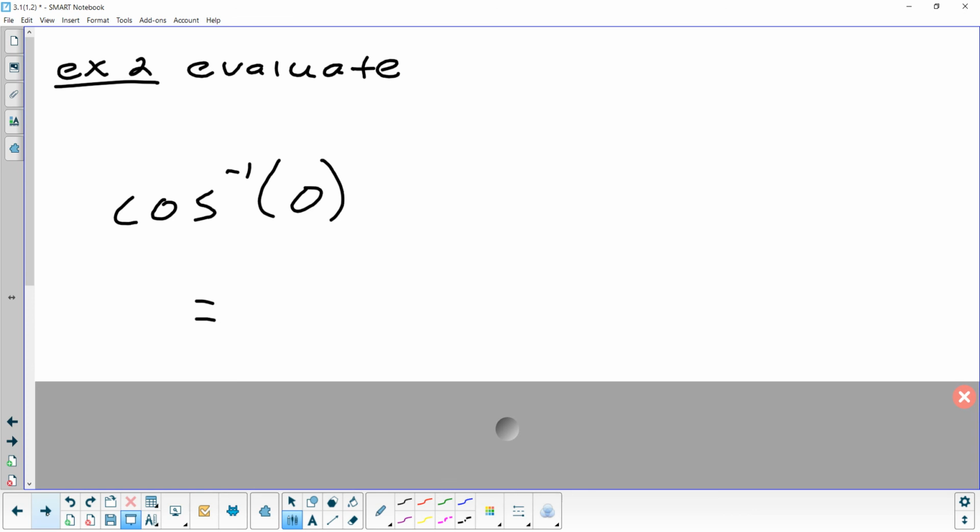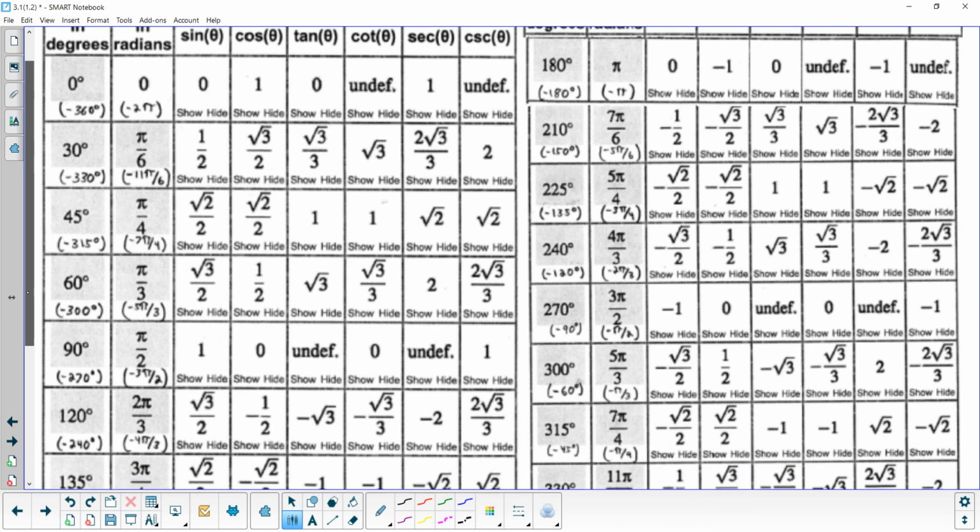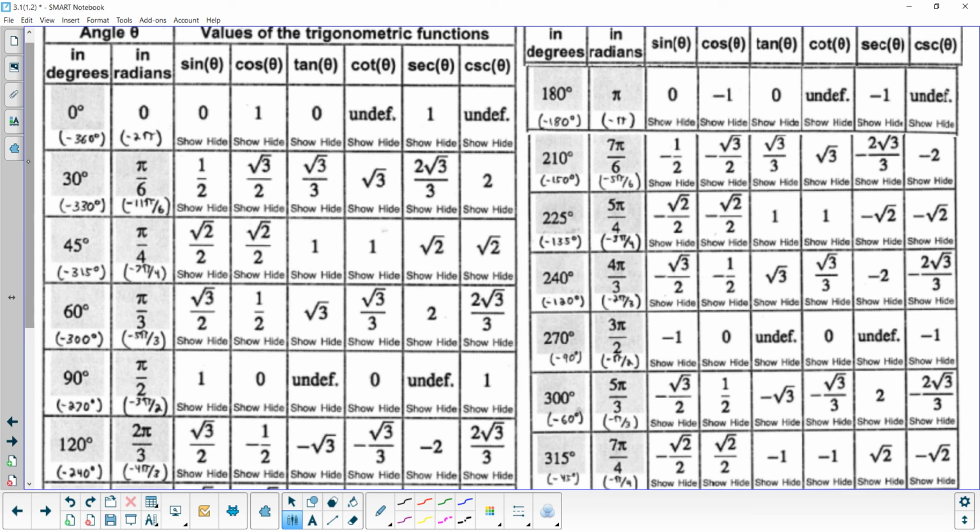All right. Inverse cosine of 0. So we're going to look at the cosine column until we find a 0. And I think they're both on the screen right now.